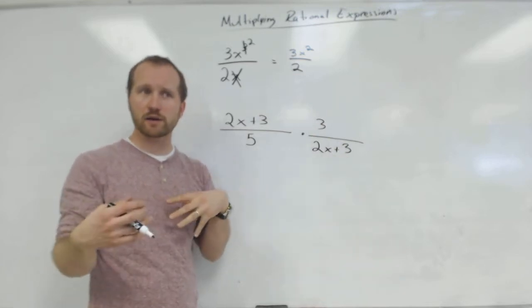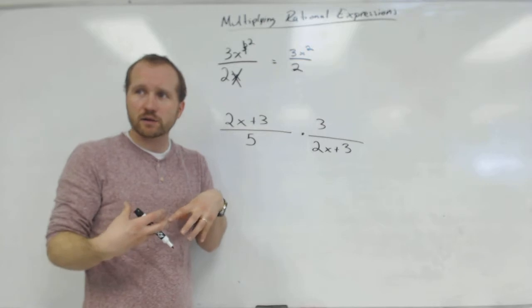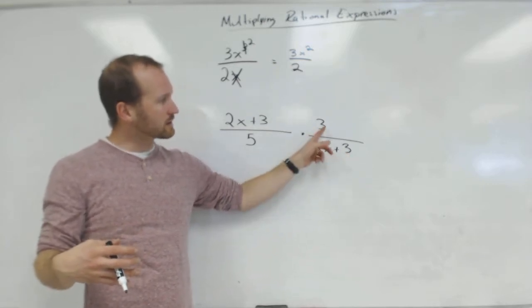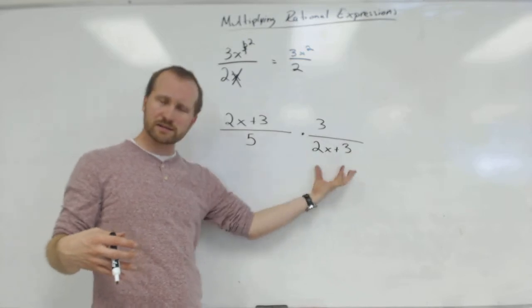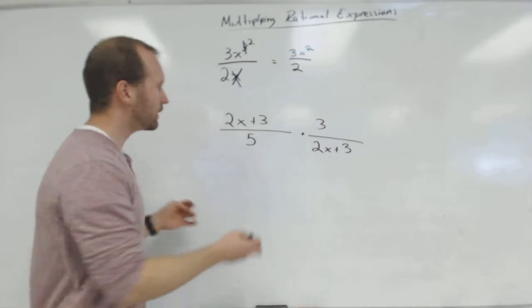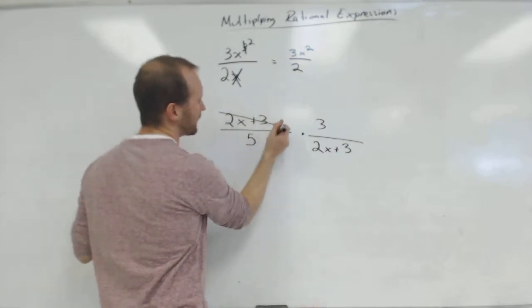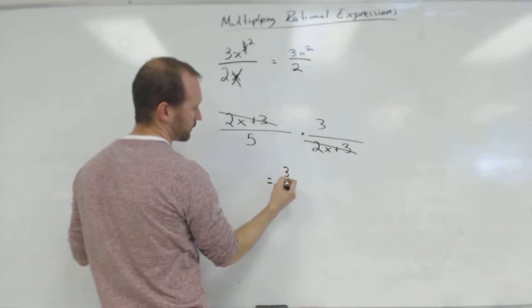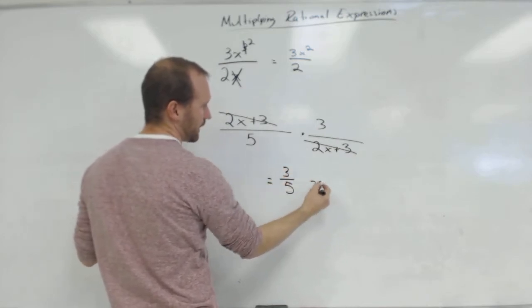It's not on its own anywhere. It's not a factor. So I can't just cancel the 3 because it's part of the 2x plus 3 together. So in this problem, I would cancel the entire 2x plus 3, and I would end up with 3/5.